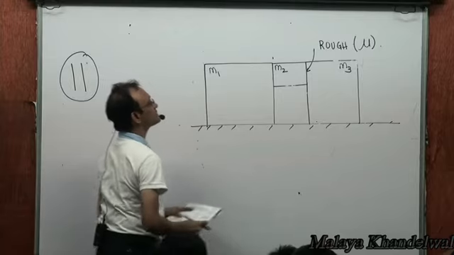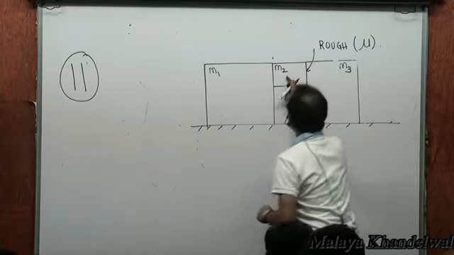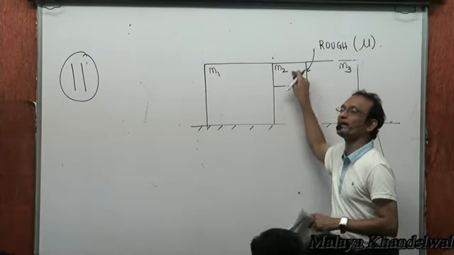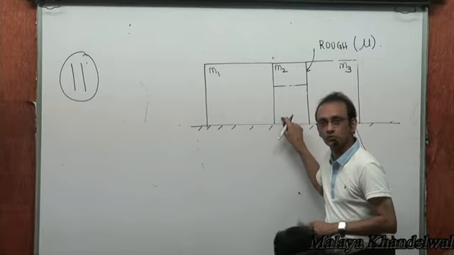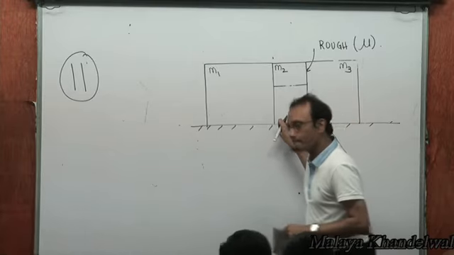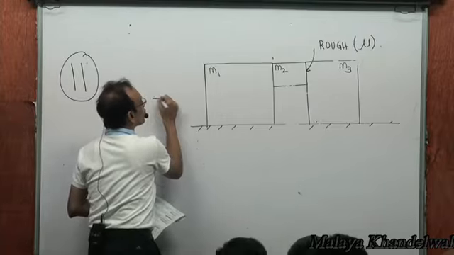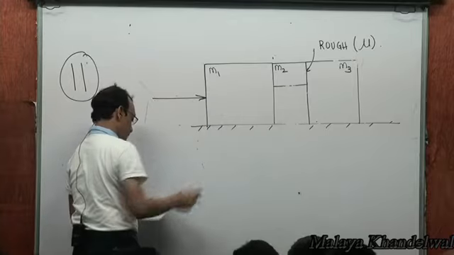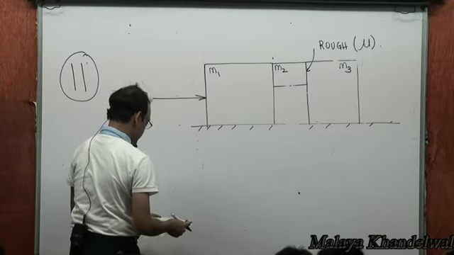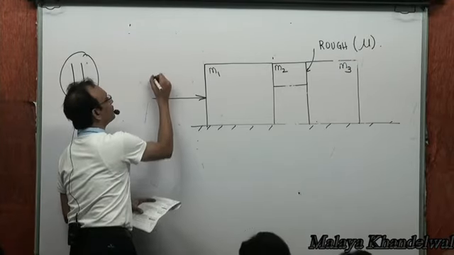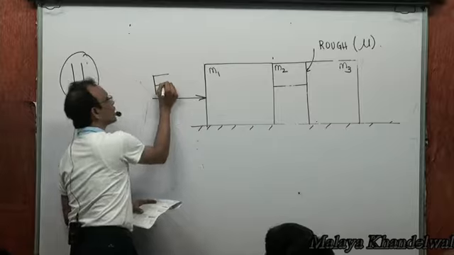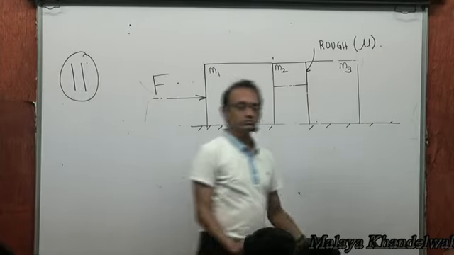Now, what is it that we want? We want M2 to not slip downwards. What is the range of F that will cause M2 to not slip downwards?